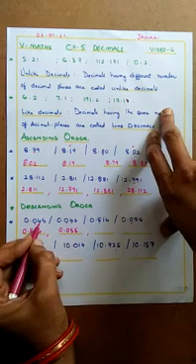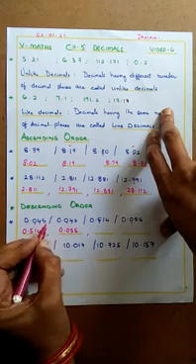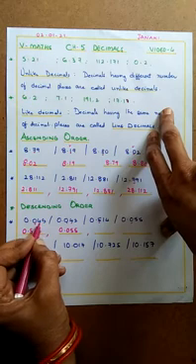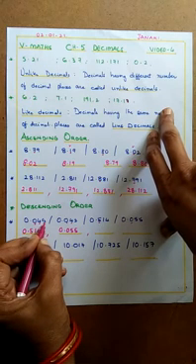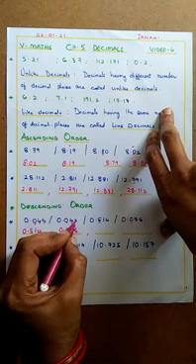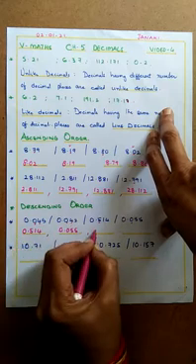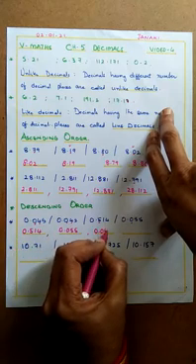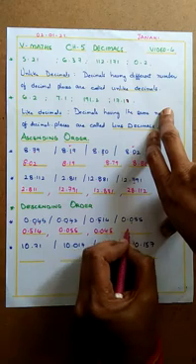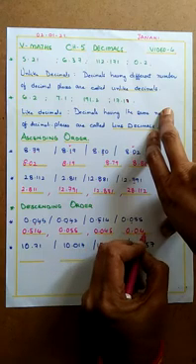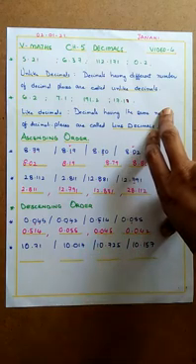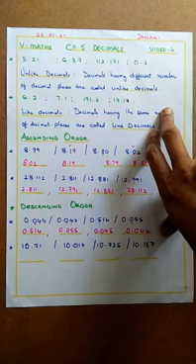In the 10th place and 100th place you have 0 and 4 common for both, but in the 1000th place you have 5 and 2. So 5 is greater. So 0.045 is greater than 0.042. In this way we have to write the descending order.